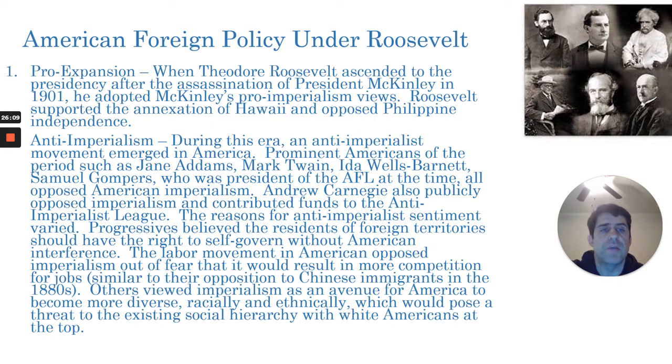If you take a look at the image in the upper right-hand corner, these were some of the prominent anti-imperialists of the era. In the top right-hand corner of the image, you see Mark Twain, and I believe next to him, the top middle, I believe that's William Jennings Bryan, the Democratic presidential candidate in 1900, who also opposed imperialism for America at this time.